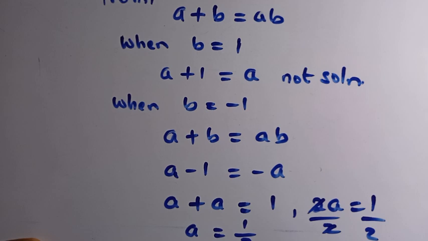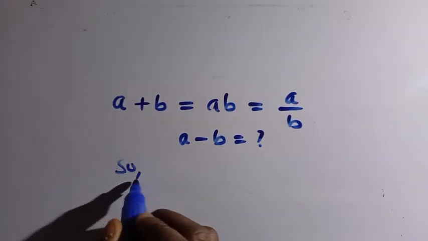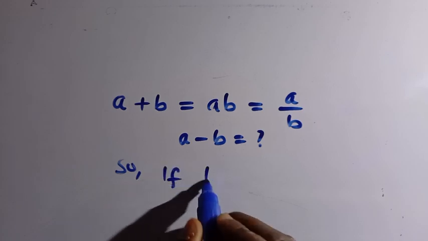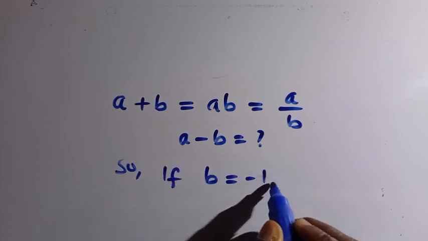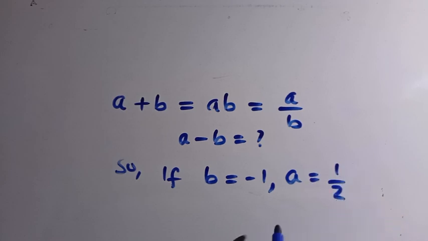And let's see how we can substitute to check if a equals 1 over 2 and b equals minus 1 is truly the solution that satisfies the given problem. So if b equals minus 1, then we have a equals 1 over 2. The question says find a minus b.